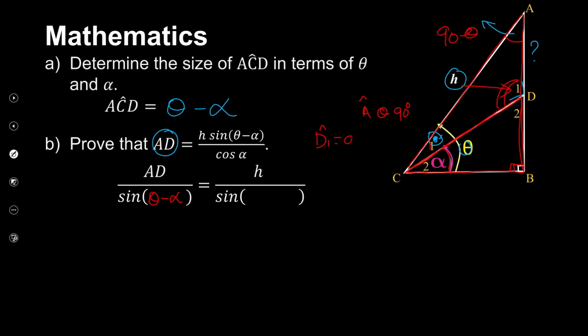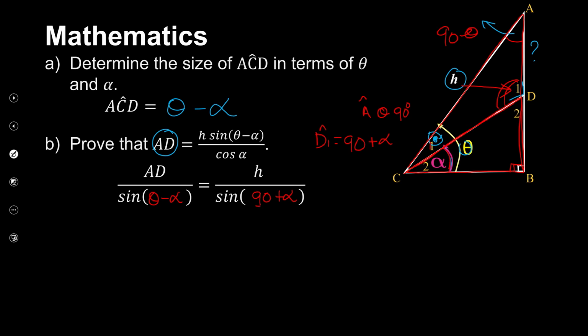So it's 90 plus alpha. Again, in our sine rule, we're going to say AD over sine of C1 equals H over sine of D1, and D1 we said was 90 plus alpha.